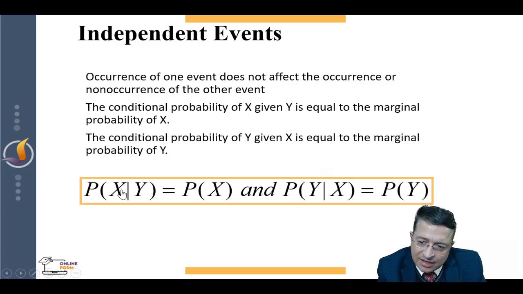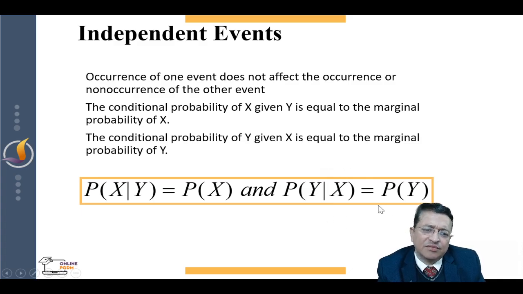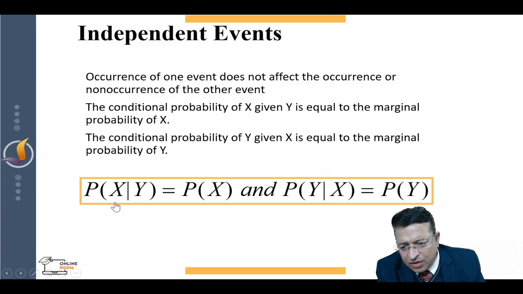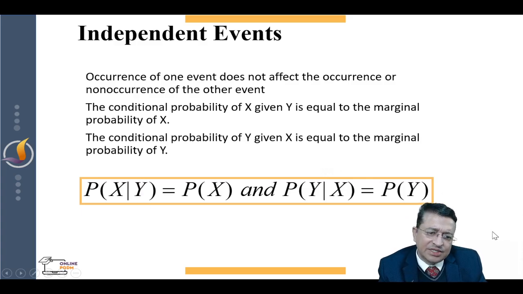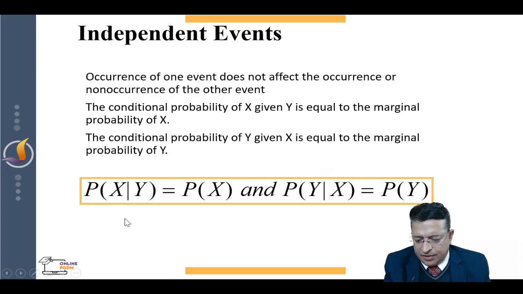We write it as x given y. If it is equal to the probability of x, and similarly the probability of y given that x has already happened equals the probability of y, then these are independent. They are not going to influence the happening of the other event which has already happened. This kind of situation means it is an independent event.